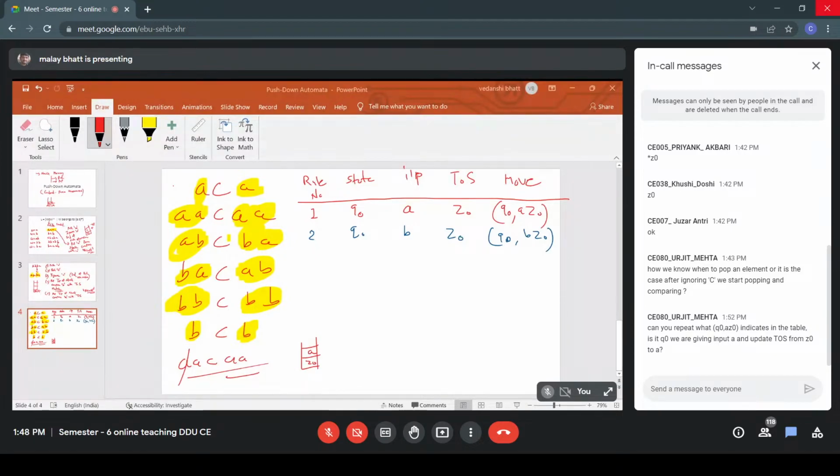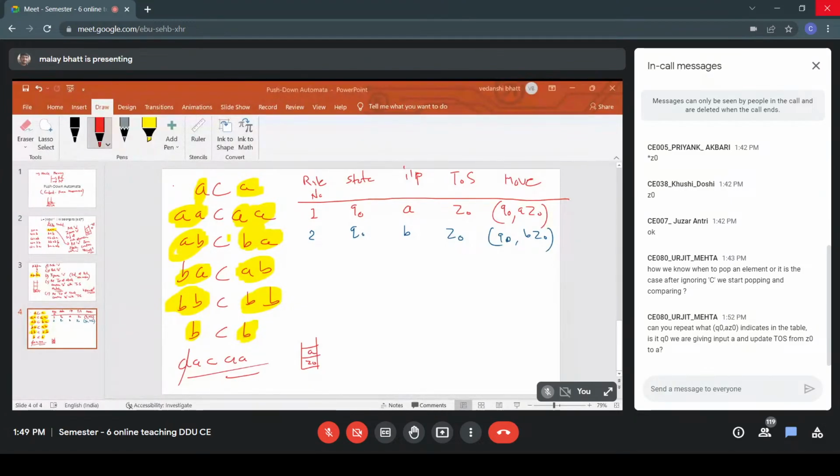There is a query: what is Q0 comma AZ0? Here we have Q0, which is the initial state and the push operation, and then we have AZ0. AZ0 means we are pushing A on the top of the stack.